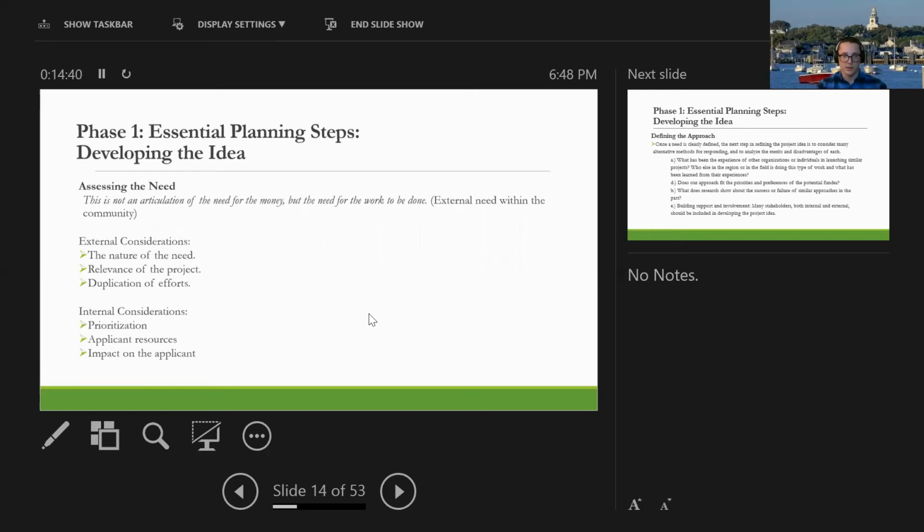Again, don't hesitate to ask any questions, but assessing that need, really defining that need, is very important. It can be everything within your proposal. If your need's not there for the funder, if it doesn't really jerk at that funder, the proposal is going to have a hard time standing up through that application process.